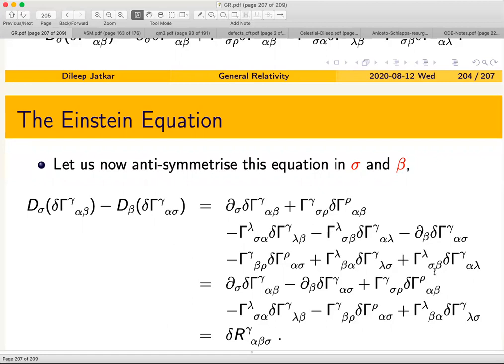Of course, it's expected that they would come with opposite signs because they are antisymmetrized with respect to sigma and beta on the left hand side. They better vanish because gamma is symmetric in beta and sigma. So those terms just cancel out, and then you get expressions which involve two derivative terms and four terms involving gamma and delta gamma.